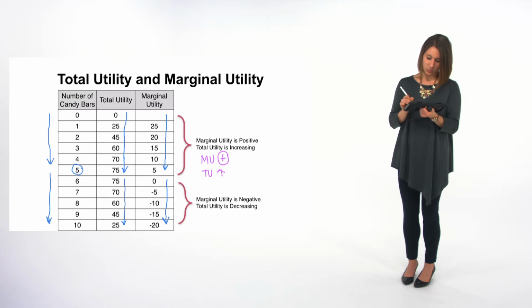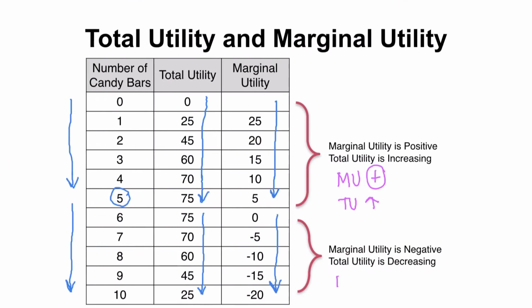On the other hand, marginal utility is going to be negative when total utility starts to decline. This is what we're observing after the 6th candy bar is consumed. Our additional utility is falling because the total utility that we gain from consuming more candy bars is getting lower and lower.